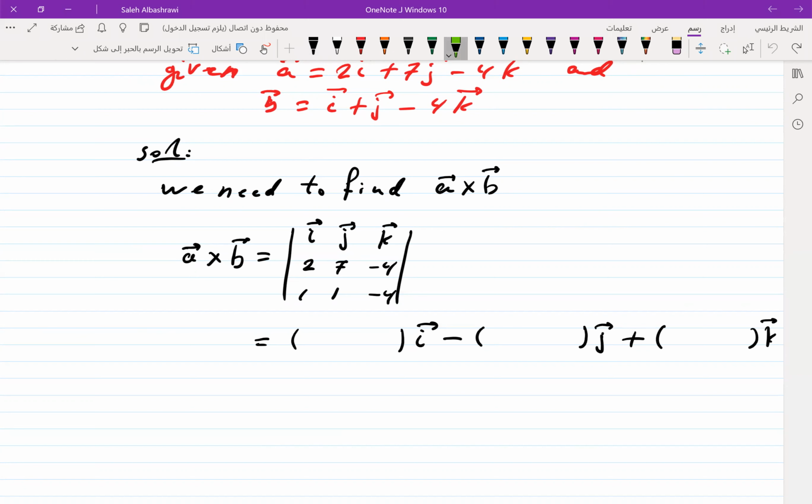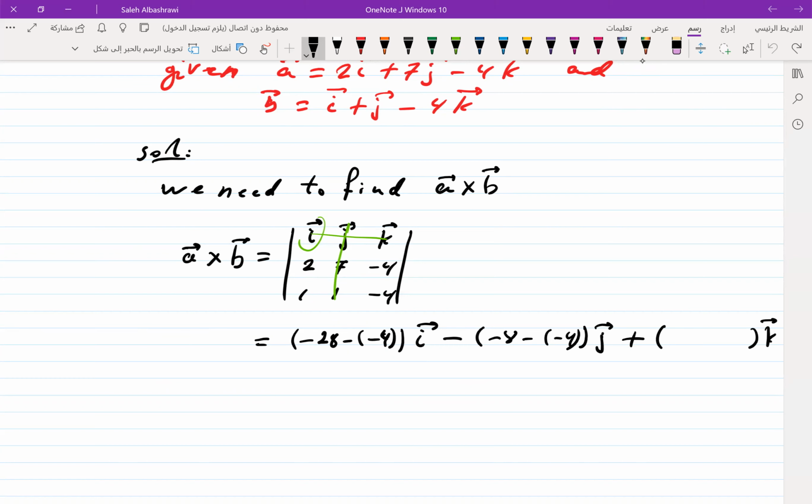For i, we cross the first column, first row. I will have 7 times minus 4 minus 1 times minus 4, which gives the component for the first one. For j, we cross the second column: 2 times minus 4 is minus 8, minus 1 times minus 4 is minus 4.